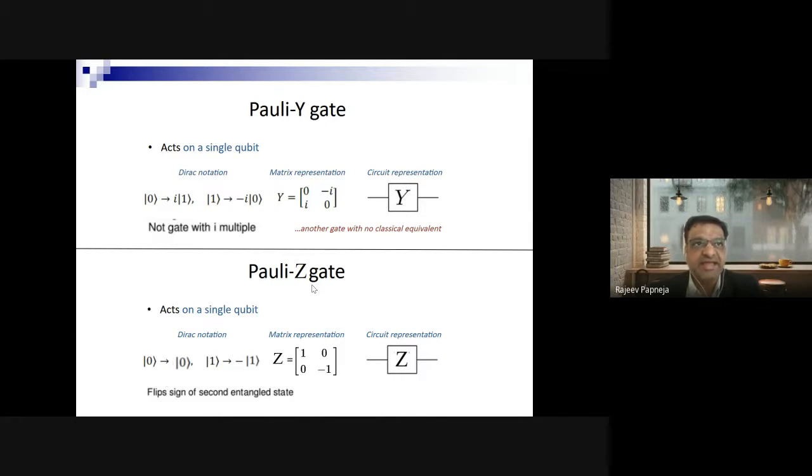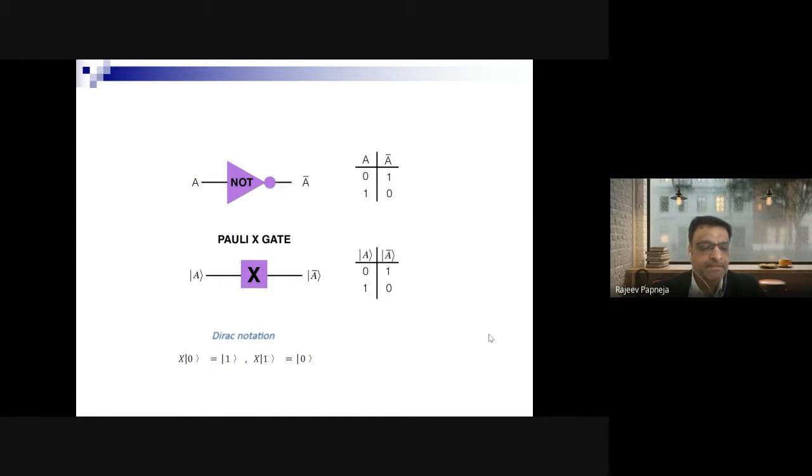But using this gate, I can change that red to a green on Mars, and that is flipping the sign of the second entangled state. So 0 to 0, 1 to -1. It's only the second state which I'm changing, not the first state. So this is again a circuit representation of the Pauli Z gate.